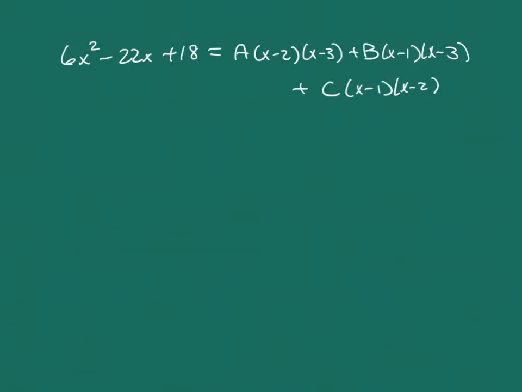Okay, so what we had when we cleared denominators was an a times our x minus 2 and x minus 3, b times x minus 1, x minus 3, and c times x minus 1 times x minus 2. So if we choose values so that terms cancel, what if we choose x being 1?